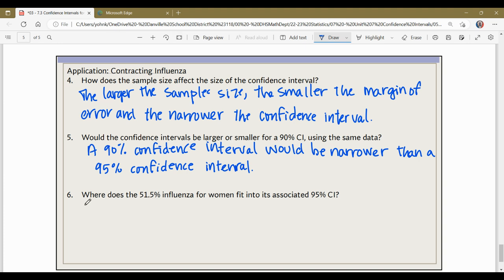So if we look at 50.2 and 52.8, add them and divide by 2, when you do this, you get 103 divided by 2, and that's where you get 51.5. So it is the middle of the interval.